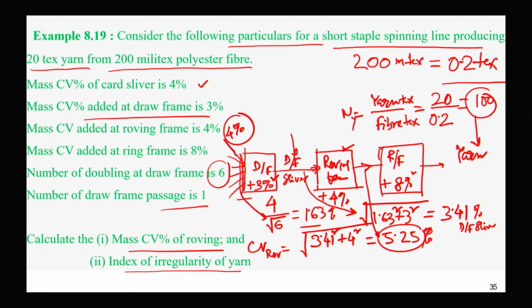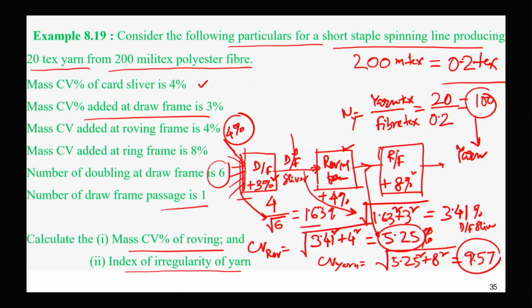Now the CV% of yarn, again with the same formula: 5.25 square plus 8 square, as 8% is added. It will become 9.57.